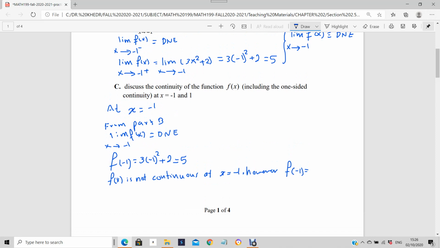So it's equivalent to the limit of f of x as x goes to -1 from the right side, which means that the function f of x is left side continuous. Left side continuous because this -1 is the left end of the domain.